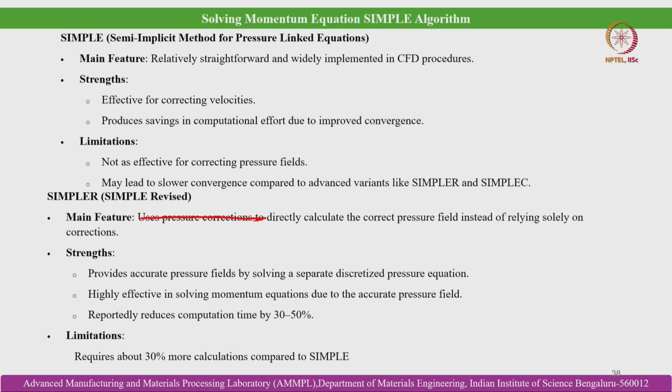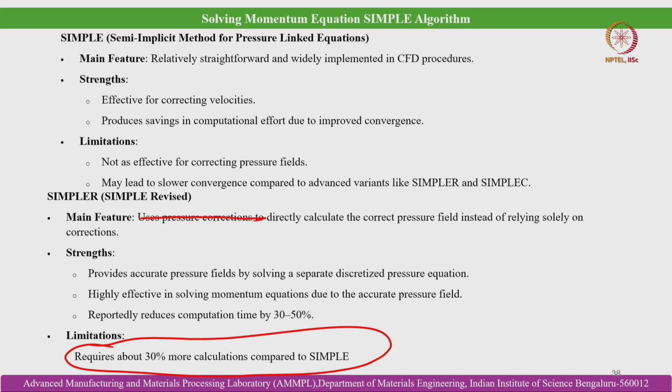It reportedly reduces computational time by 30 to 50%, because we are not solving for the pressure correction. However, the limitation is that it requires about 30% more calculations compared to simple. So you can see that although it needs more calculations, it reduces the computational time.